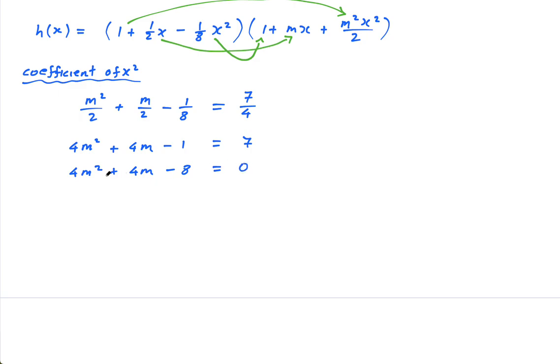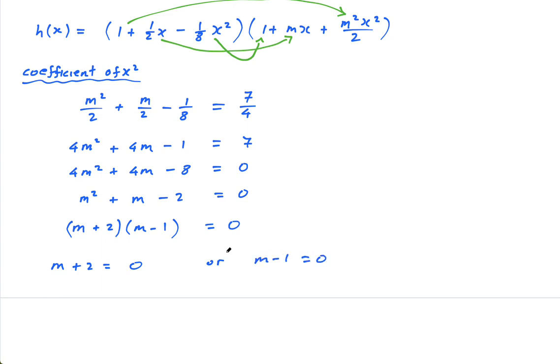I will divide by 4. So I get m squared plus m minus 2 equals 0. Factorize this. It gives me (m plus 2)(m minus 1) equals 0. m plus 2 equals 0, or m minus 1 equals 0. m equals negative 2, or m equals 1.